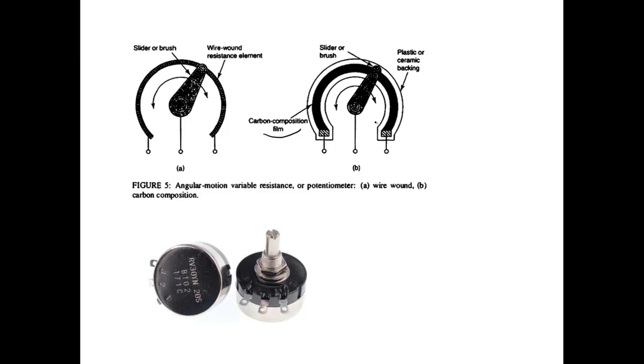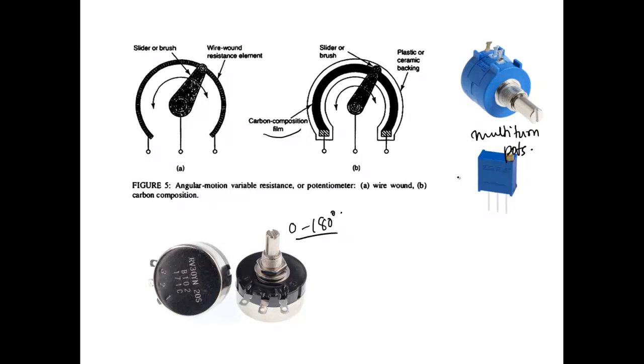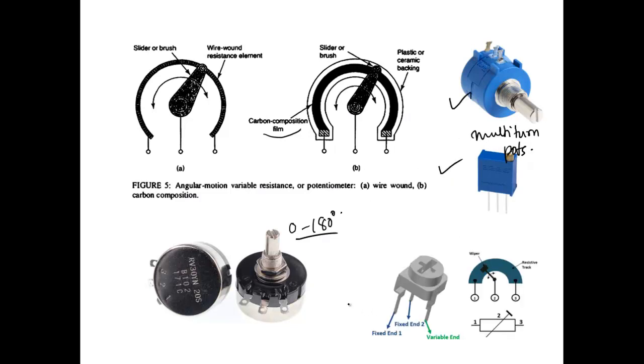This is how it looks like in real practice. You have 3 terminals, and then you have multi-turn pots which can be used. Generally these pots only have a range of 0 to maybe 180 degrees or more than that, but we have these days something called multi-turn pots also. These are sometimes in this form, and also in this form.